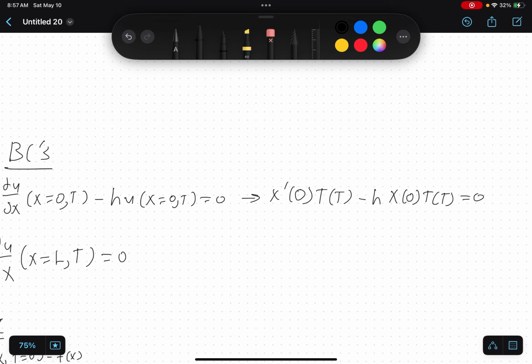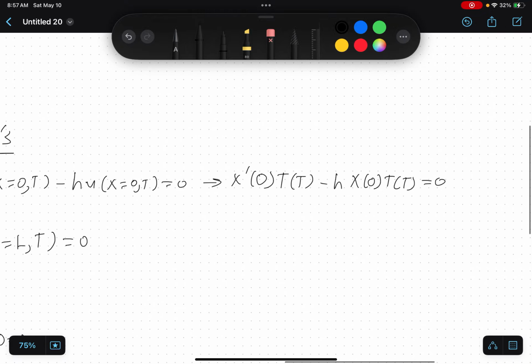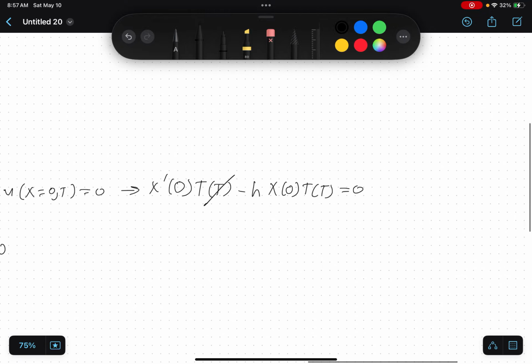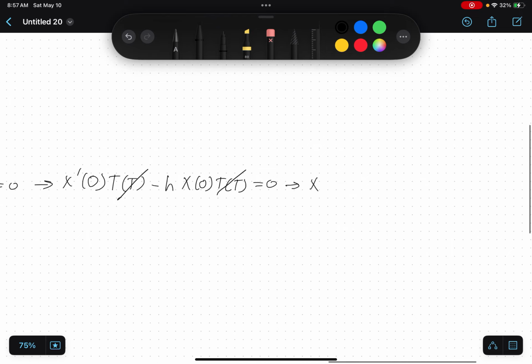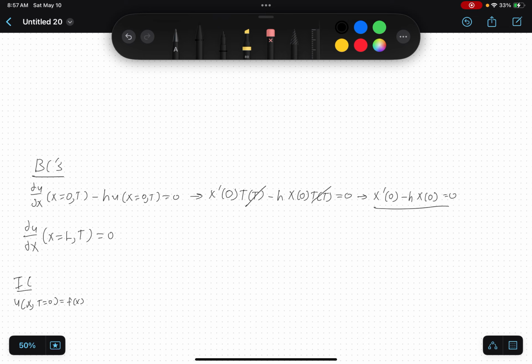That is right. Cool. And we're able to just cross these out, and we're left with x prime at 0 minus h x at 0 equals 0. So that's one of our transformed boundary conditions, and it's not that bad.